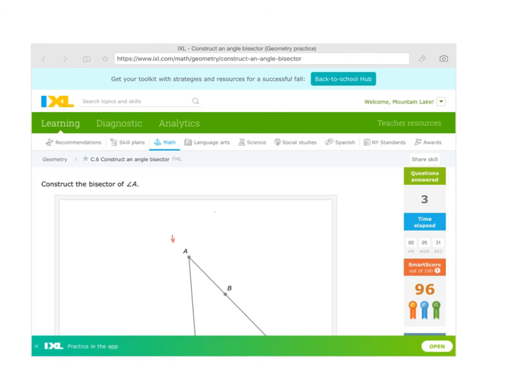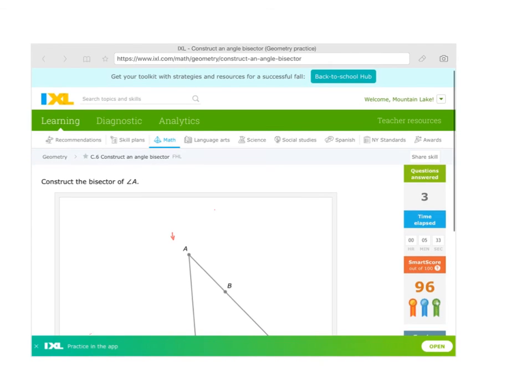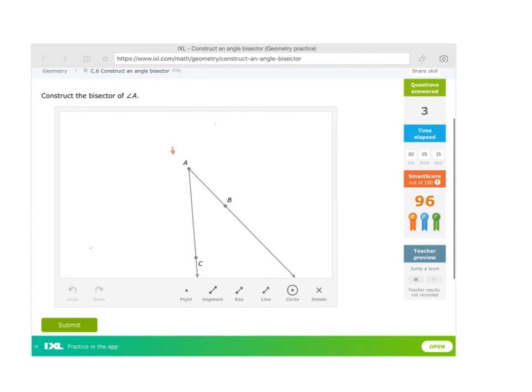I'm already at 96. So again, center A. So what are our steps? Let's write that. Center A, draw a circle, center A, radius AB. So you'll get your first circle right here, something like that.